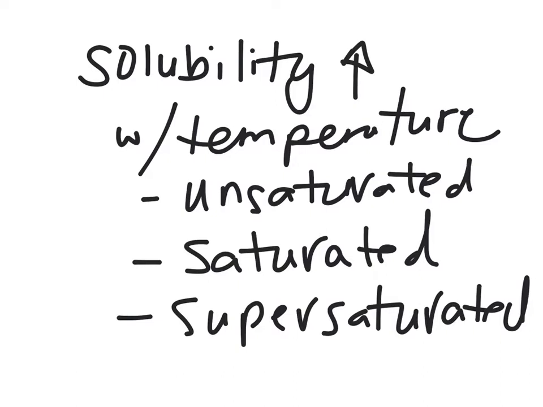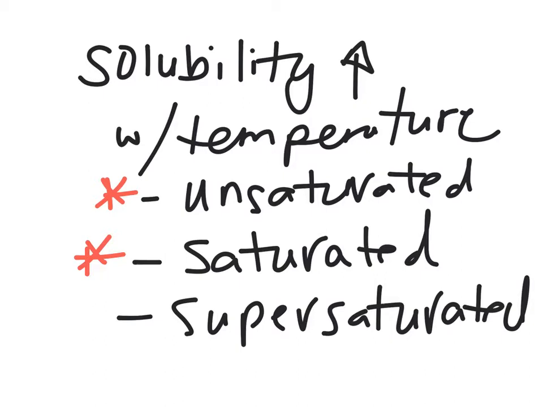So you start off under conditions where we would say the solution is unsaturated. That means the solvent has plenty of room for solute to dissolve. Eventually, though, it will reach a point where we say that the solution is now saturated. That means you cannot dissolve one more iota of solute into that solvent.